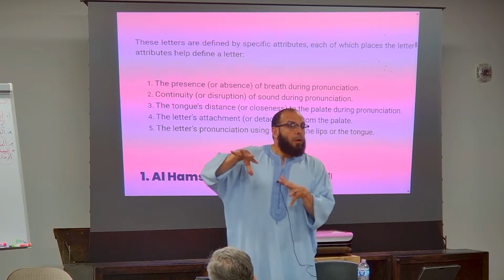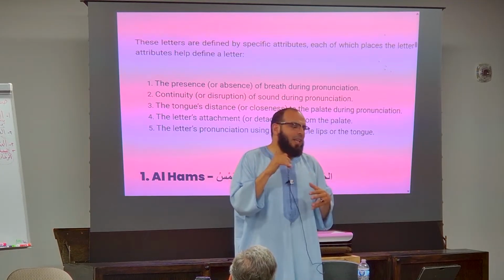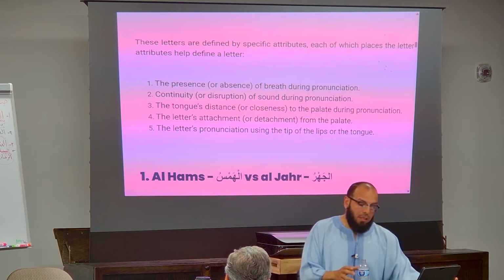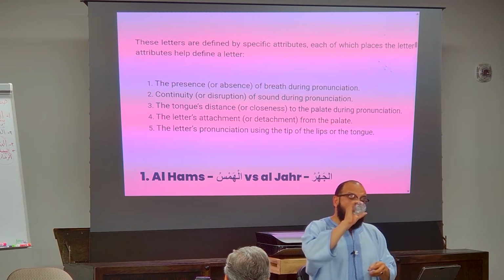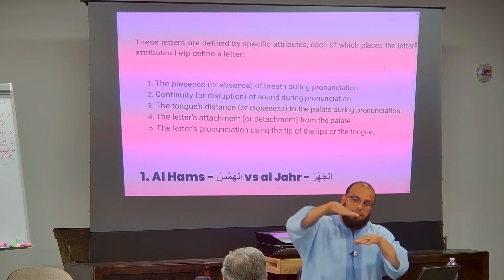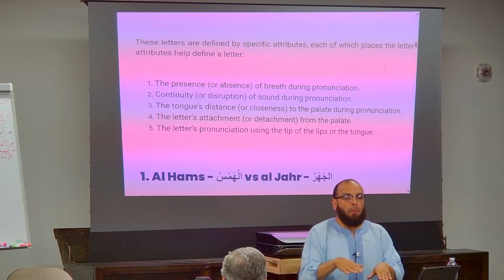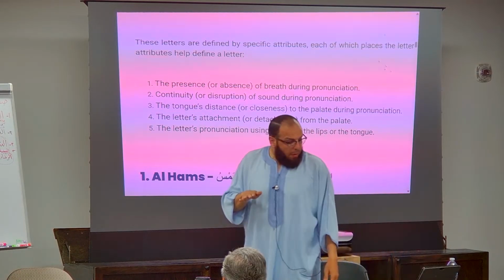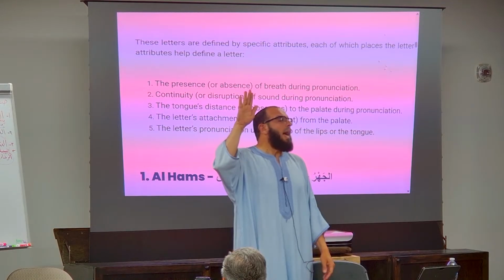And again, I said in the beginning, some of these will be confusing. Just pick what you can of these because they will help you at the end. The tongue distance or closeness to the palate: is the tongue up or down? Ignore everything else. We're now talking about whether the tongue is up, huroof al-isti'la.